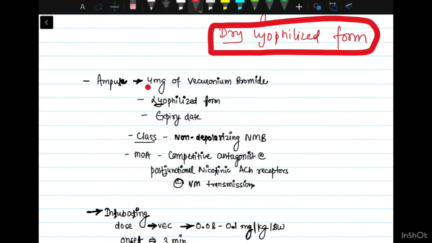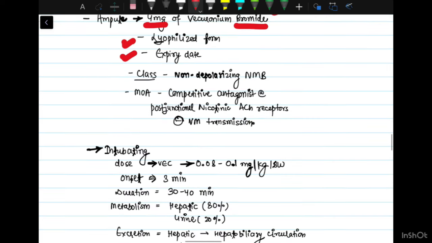This ampule contains 4 mg of vecuronium bromide. Remember this full name, lyophilized form. You always check the expiry date of the drug. As we know, this is a non-depolarizing neuromuscular blocker. What does that mean? There's competitive antagonism at the post-junctional nicotinic acetylcholine receptors.